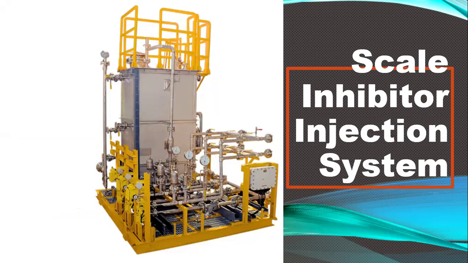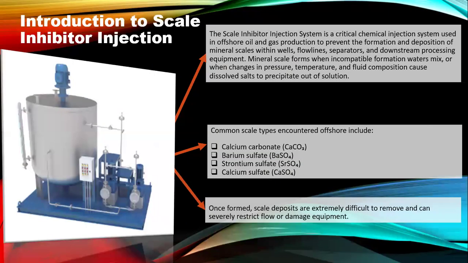Okay, so next is the scale inhibitor injection system. Scales are more like dissolved salts that are going to crystallize in your pipe. So just like what happens in your hydrate formation, but this one is for scaling.